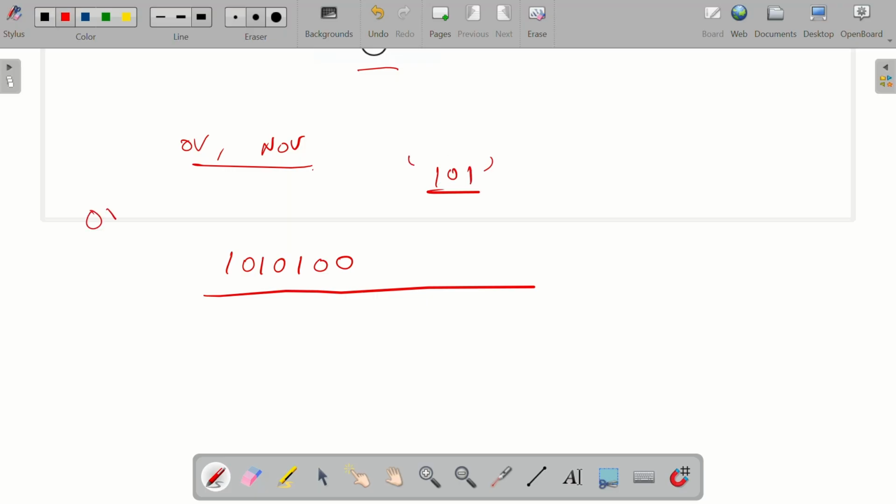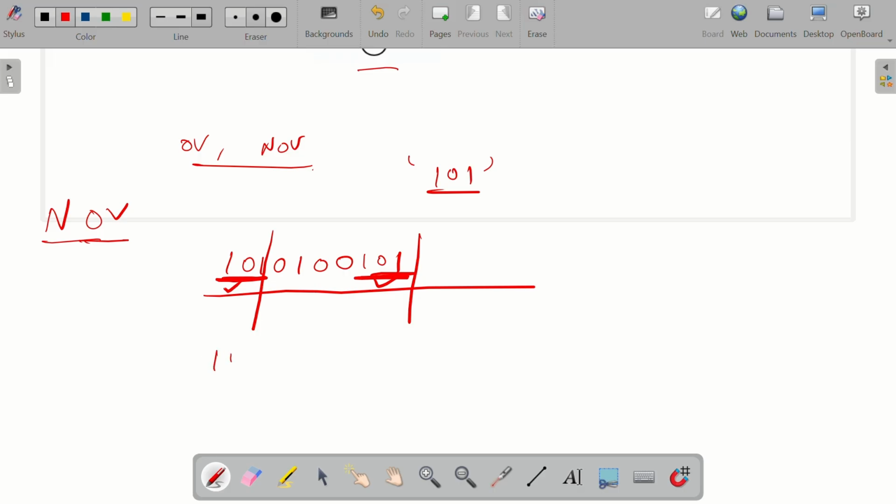In case of non-overlapping, what happens? I have this sequence 101. I've detected the sequence. Then I'll forget about the sequence and start my new sequence from here. Next I will try to find 101 again. So I find my 101 here. So I have 101 occurring 2 times in this entire pattern.